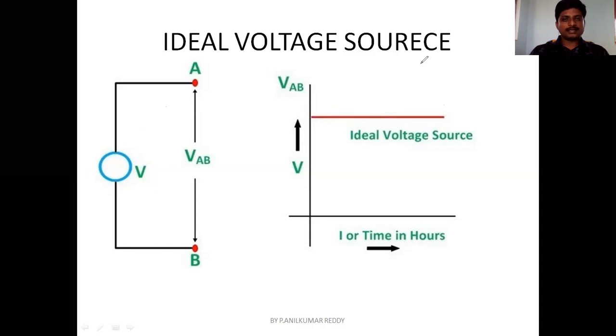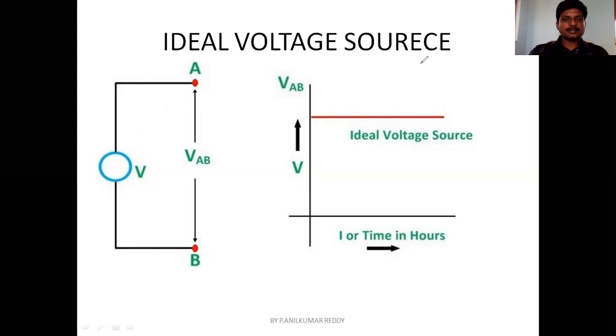But practically there is no availability of an ideal voltage source. These are not practically realizable sources. But in order to understand a practical voltage source, the ideal voltage source must be understood first.